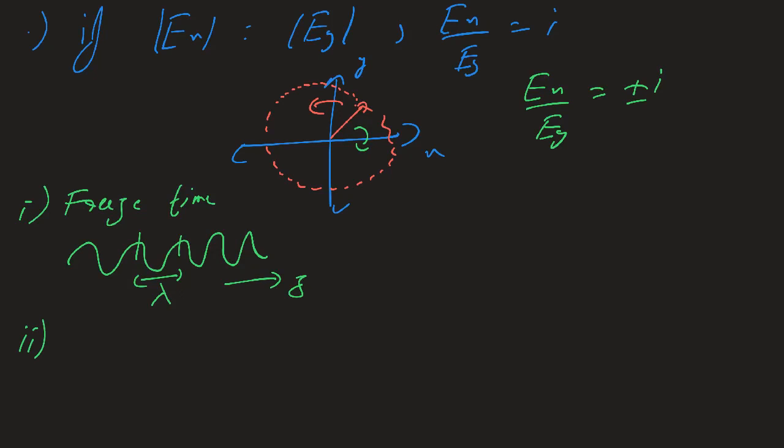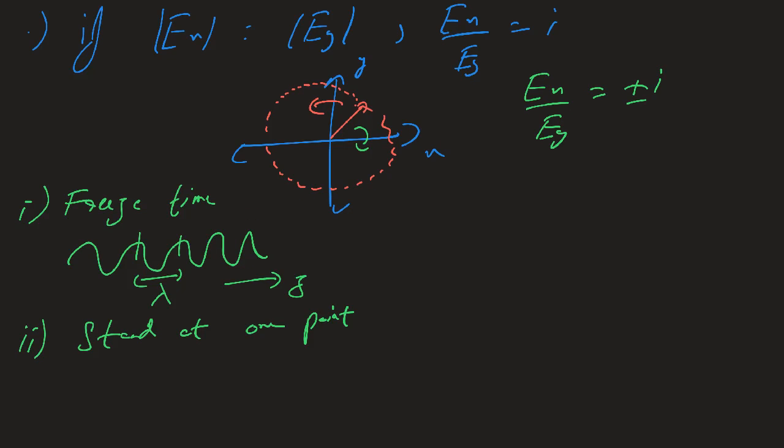Similarly, if you stand at one point and you let time pass, what you will see is that the E field vector at the point you're standing, when a plane wave is passing, just rotates.